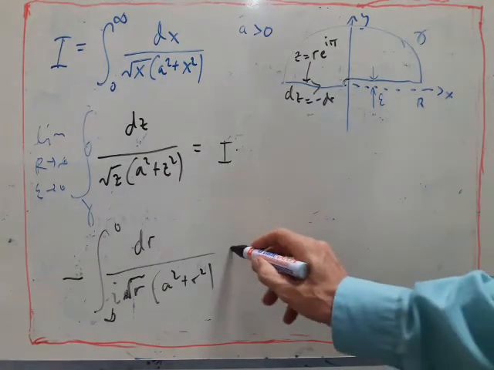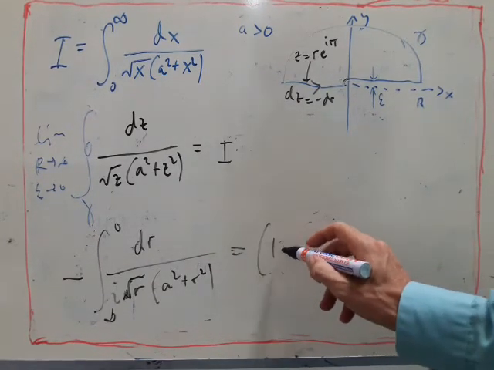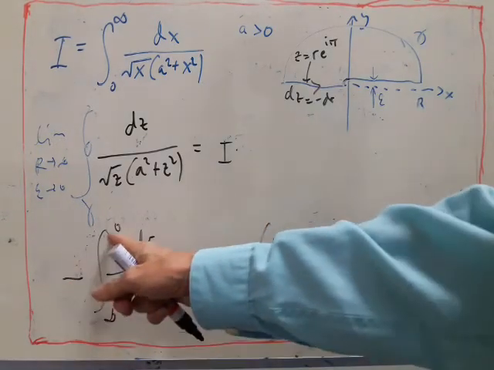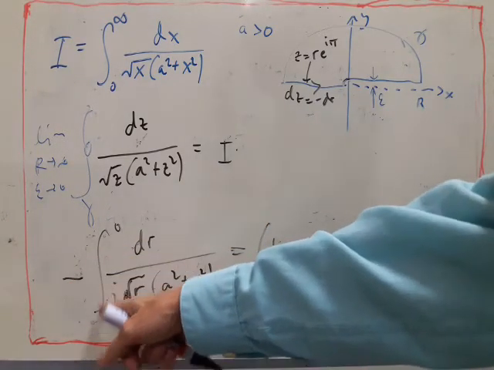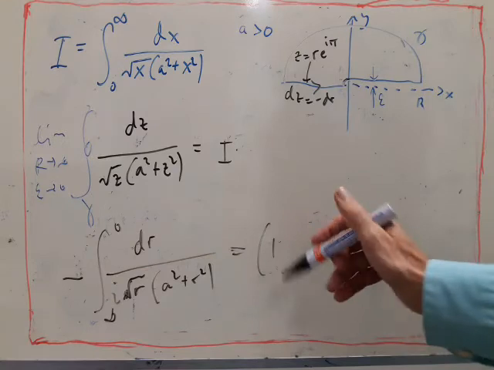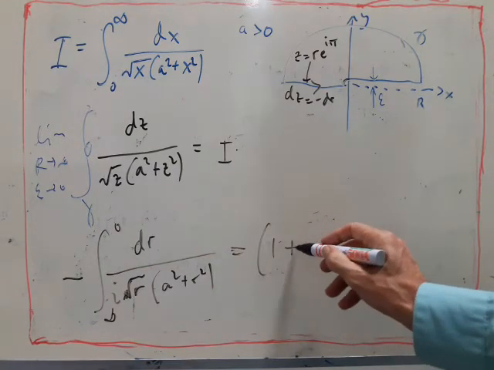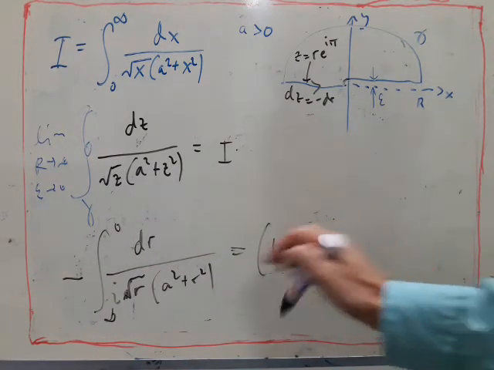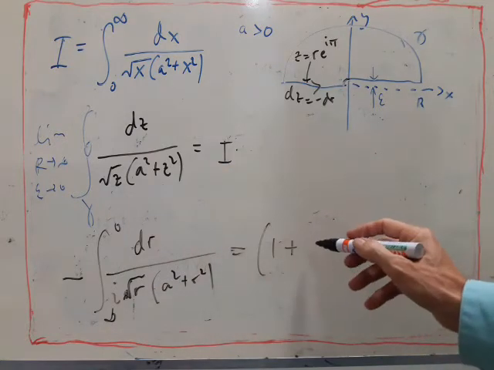So what are we left with? So we've got 1. Now again, this is minus, and we use the minus to flip the sign. So we've got basically 1 over I times the integral we want.